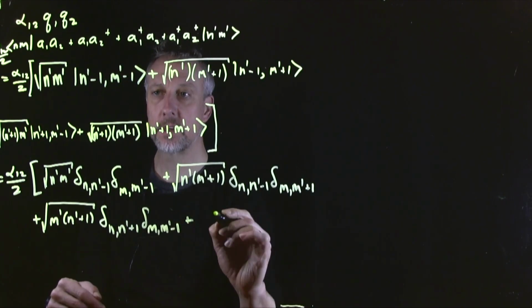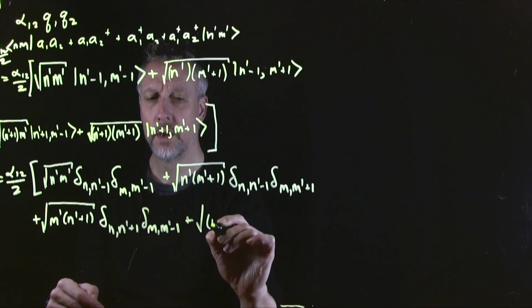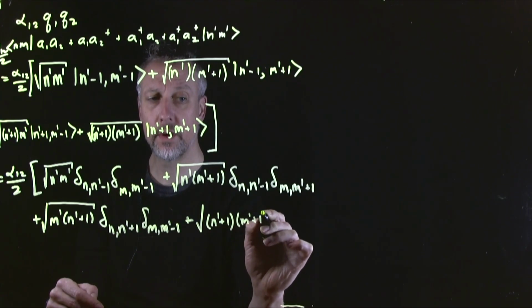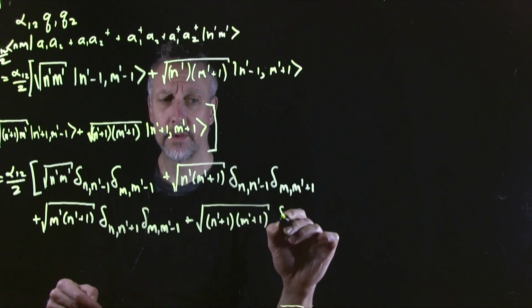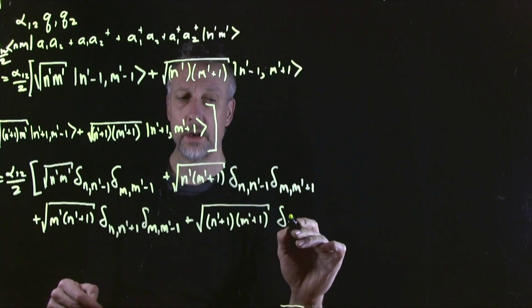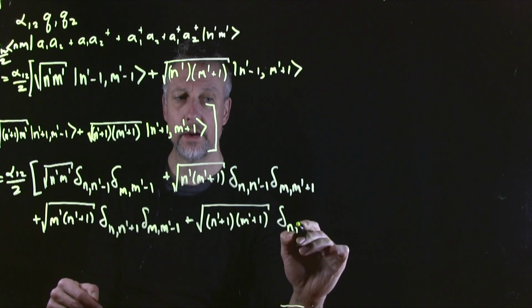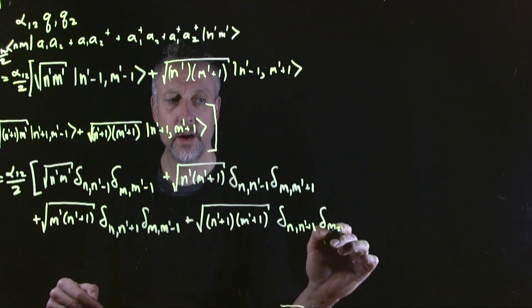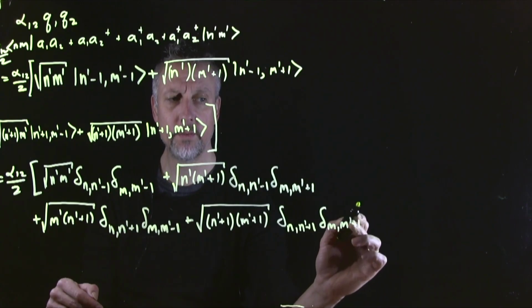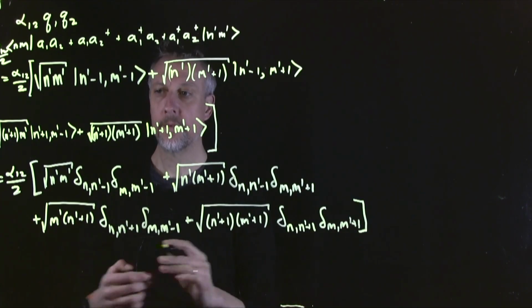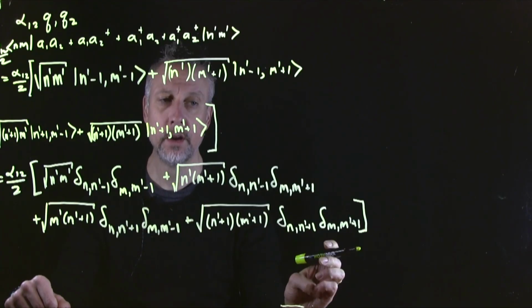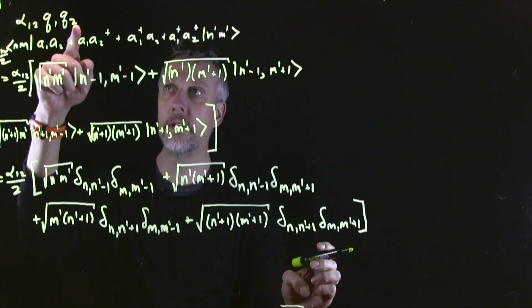Then we have the last term, N' plus 1, M' plus 1, delta N' plus 1, delta M' plus 1. Okay, so that is the full matrix element for the bilinear coupling.